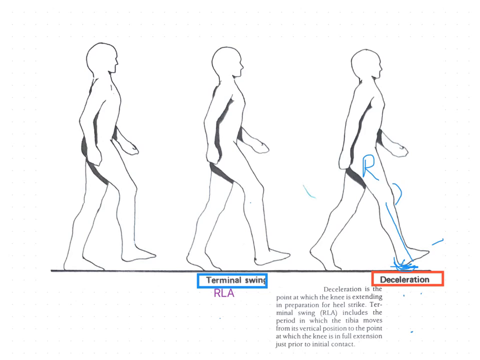Like that, for everything you can write in your exams. We can also see at what percentages of the gait cycle each event takes place. Now we will see.